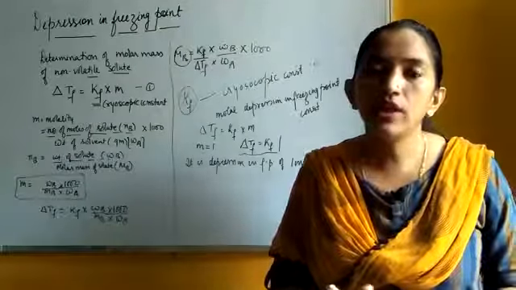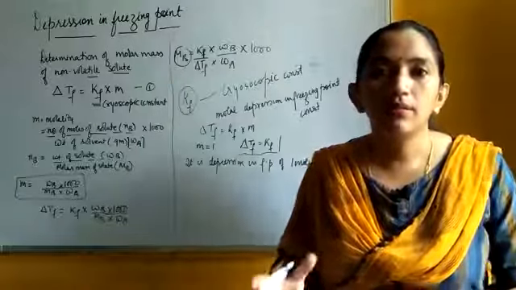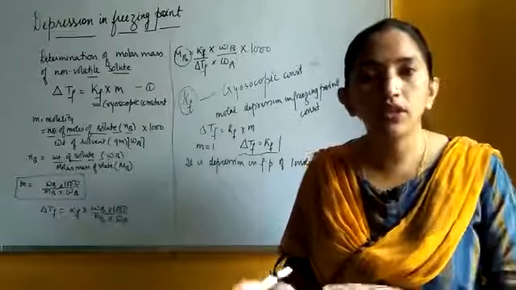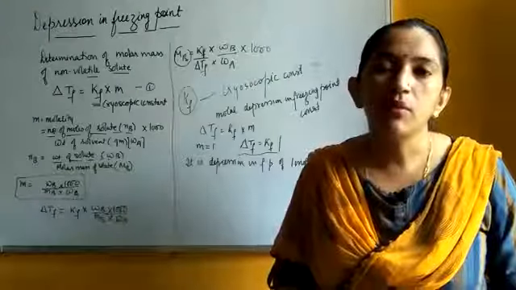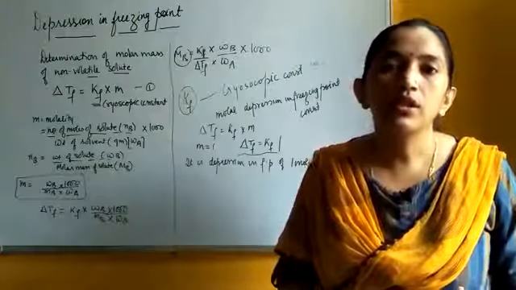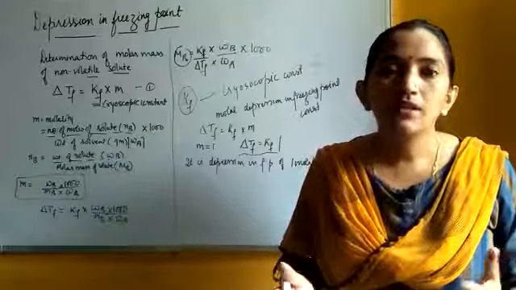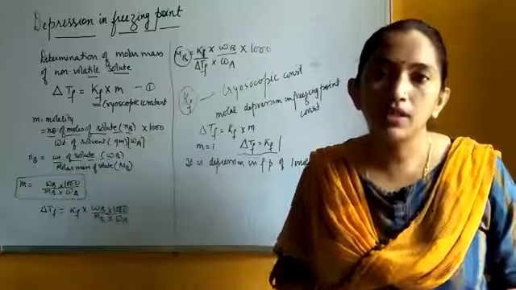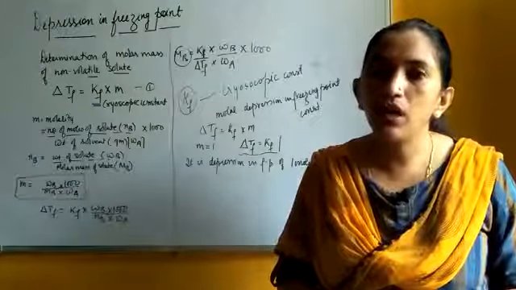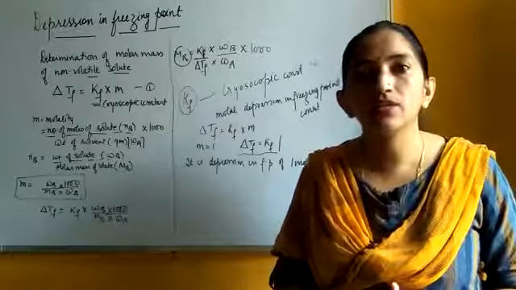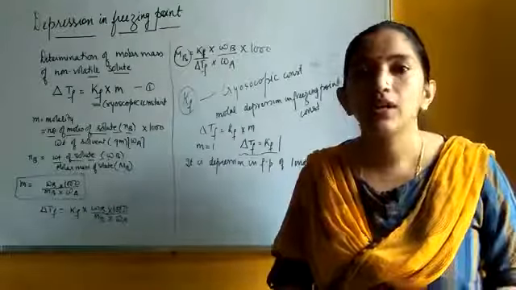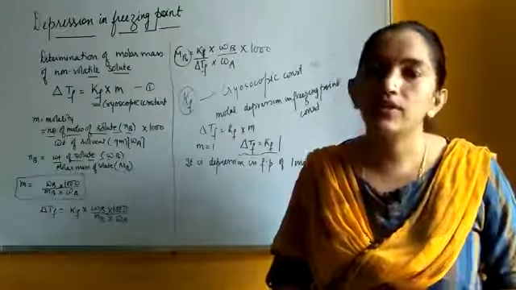Not only from this but from the others also, like elevation in the boiling point and osmotic pressure, the molar masses will relate to the formula mass derived from the formula only when the solution is very dilute. Second, the solute is non-volatile in nature, and third, there is no association or dissociation of the solute.